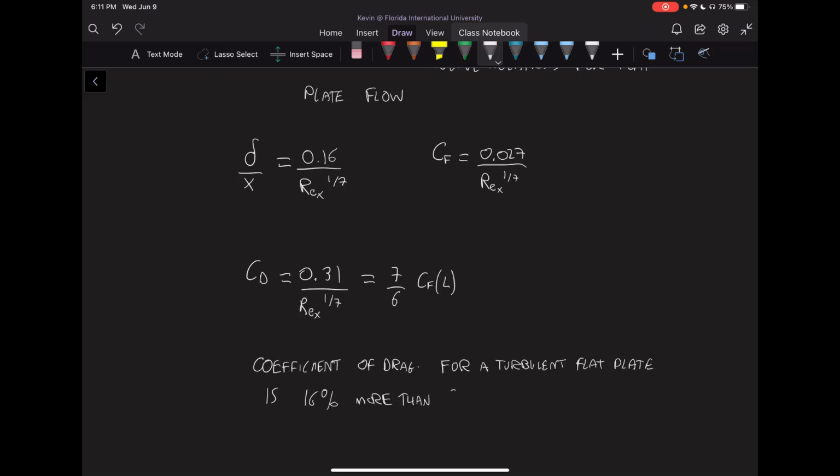So it's not double CF as it was in our laminar flow.